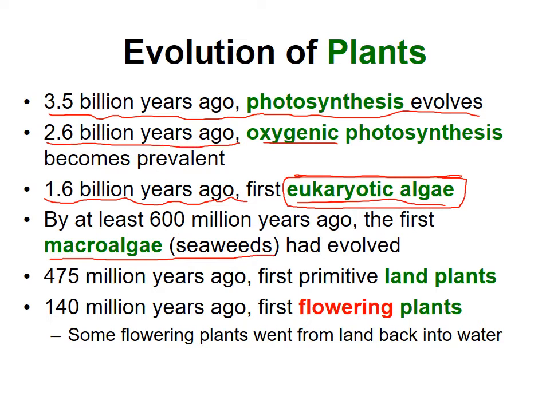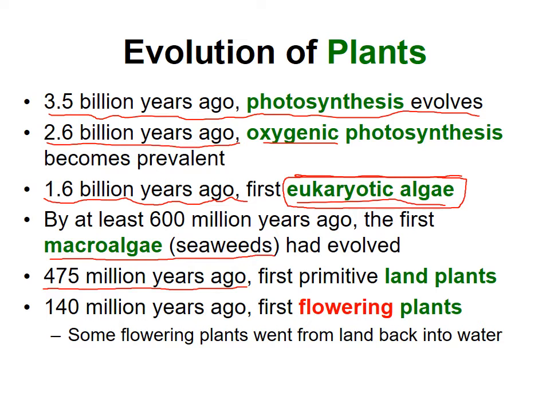Some of the green seaweeds, a particular group of seaweeds, by about 475 million years ago, began to adapt to living on land and became the first primitive land plants. So at first, land plants were not very tolerant of drying out, and they were real primitive forms similar to the mosses that we have today that could only live near the edge of the water.